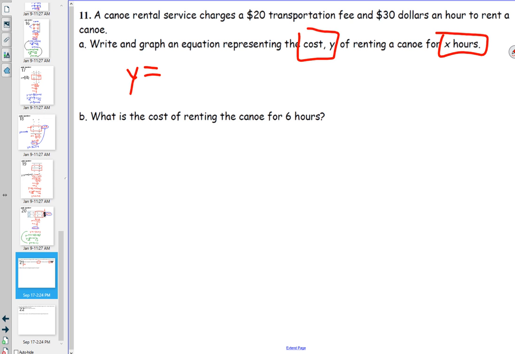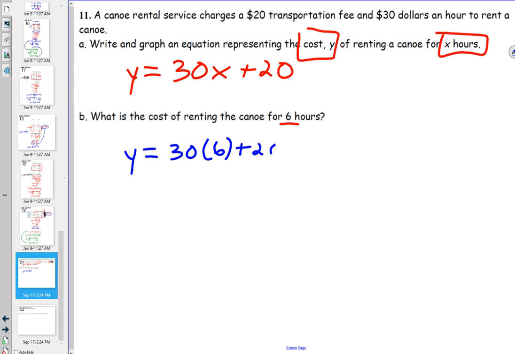But then the $30 is what's per hour. So that means the 30 gets attached to the x and acts as the slope. The 20 is the y-intercept. So if they want to know the cost for renting for 6 hours, what should I do with that 6? Plug it in for x, because x is the hours. So that cost is equal to 30 times 6 plus 20, which is 180 plus 20, which is $200.